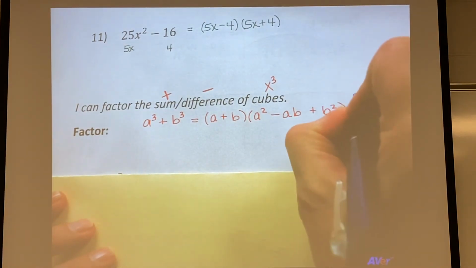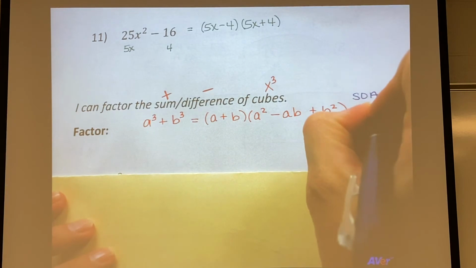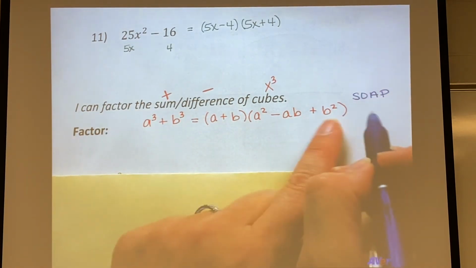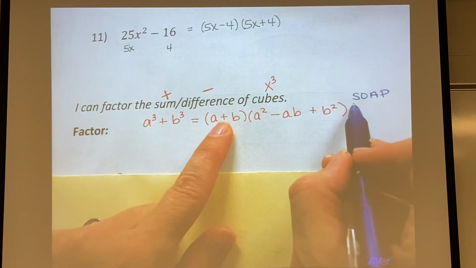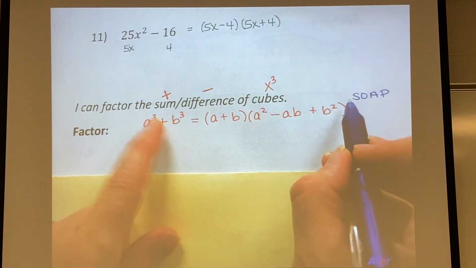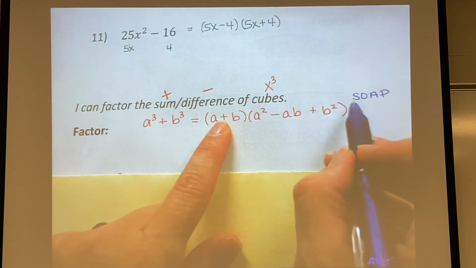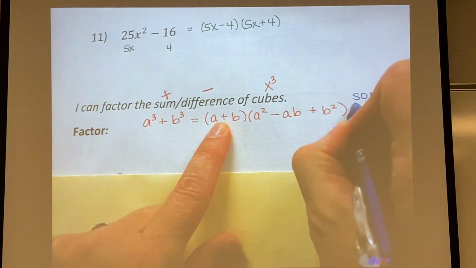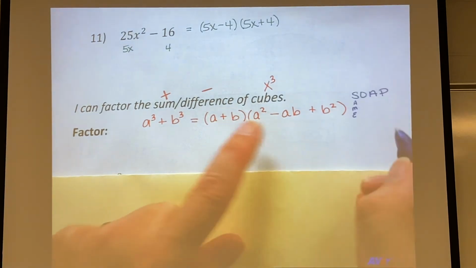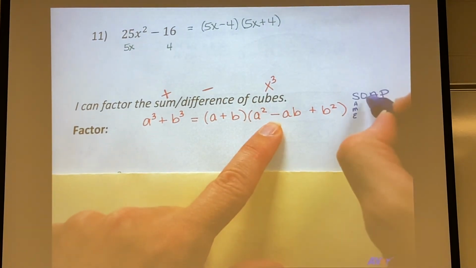It's called SOAP. SOAP tells us that when you are doing the sum and difference of cubes, the first sign is the same as the original. So our original was a plus, so our first sign is a plus. So S stands for same. The next sign, the O, is opposite.